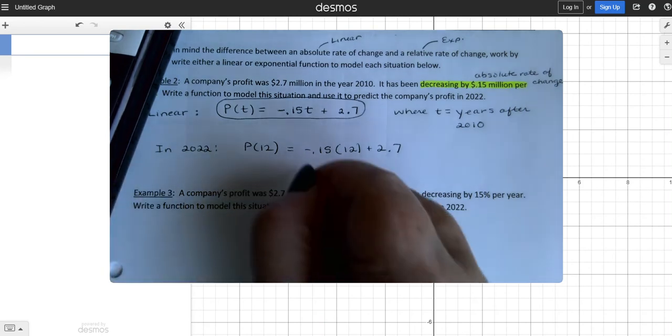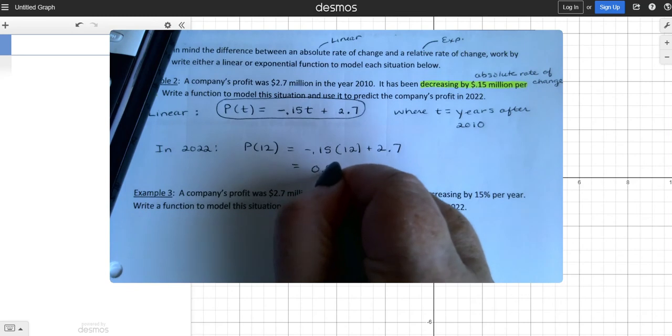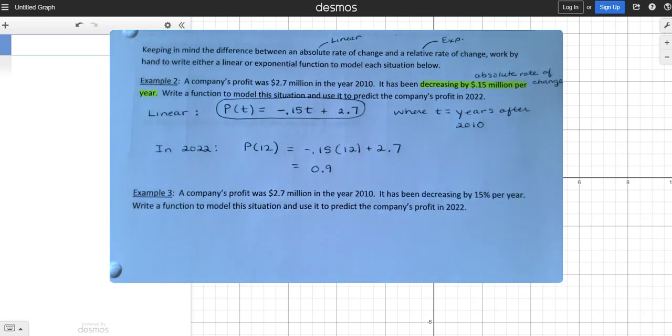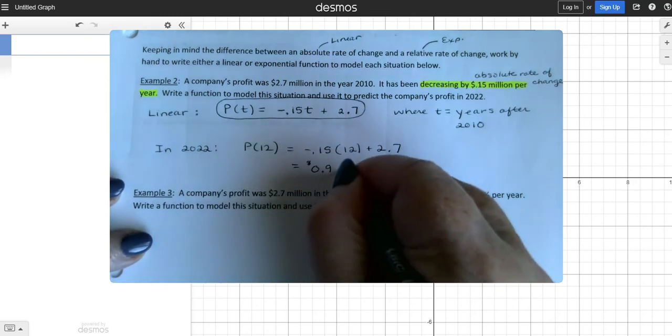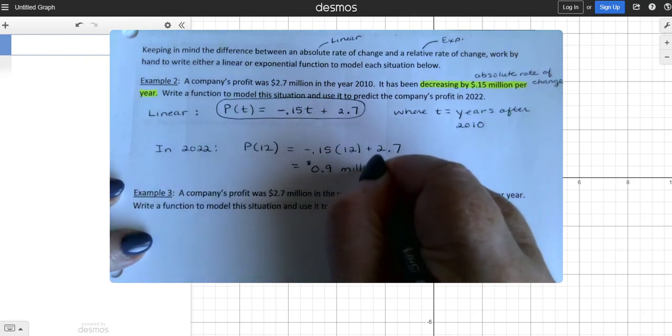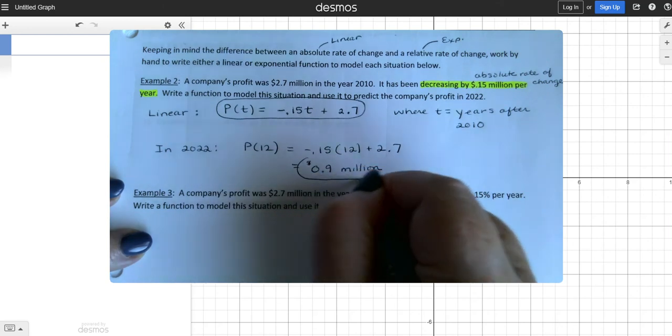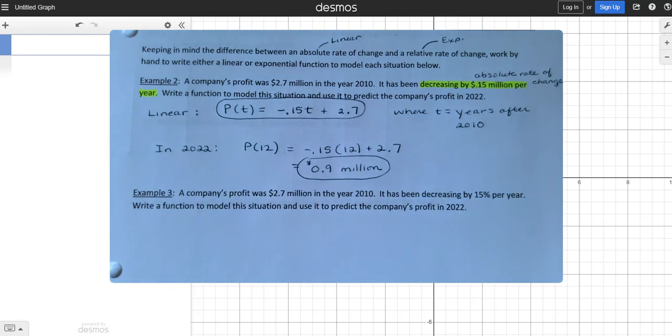Looks like 0.9. And were these profits in millions? Yes, so we're looking at $0.9 million, or 900,000 if you prefer, as our profit in the year 2022.